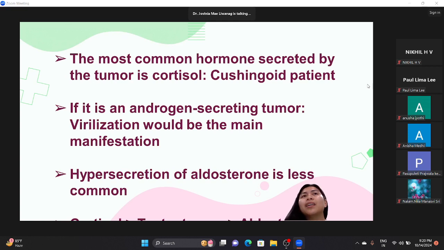In adrenal carcinoma, the most common hormone secreted by the tumor is cortisol. That's why you will observe the patient to have Cushingoid features. The one I told you about a while ago: buffalo hump, moon facies, truncal obesity, like that. If it is an androgen secreting tumor, virilization would be the main manifestation.